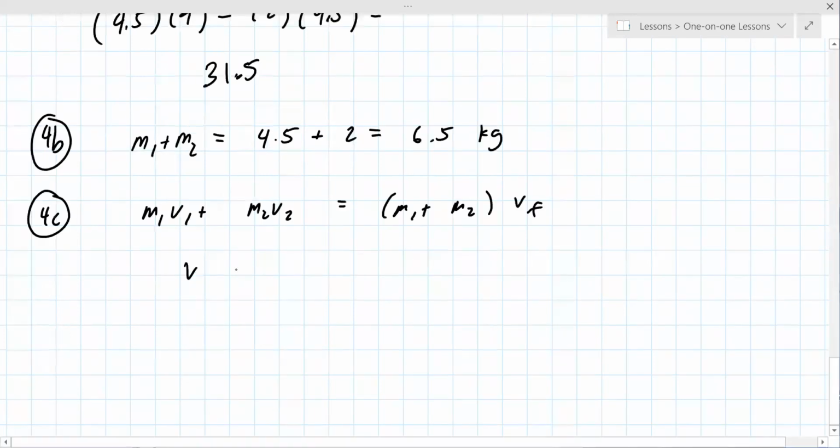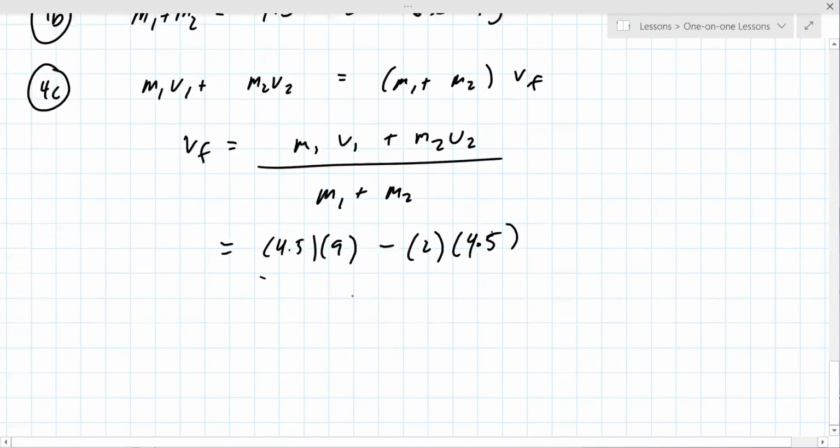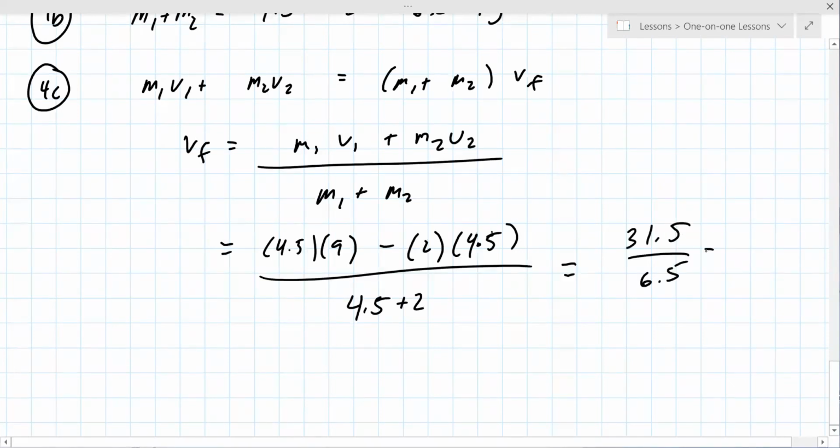So V final is m1 v1 plus m2 v2 over m1 plus m2, and we have all those quantities. It's 4.5 times 9 minus 2 times 4.5 over the combined mass of the system, which is 4.5 plus 2. So this ends up being 31.5 over 6.5, which is around 5.